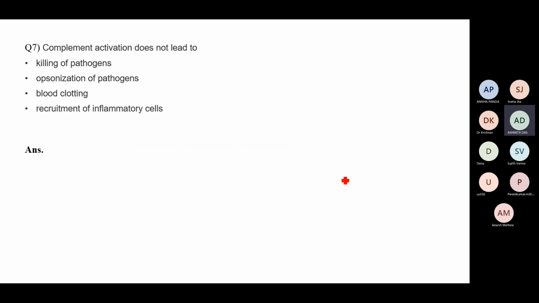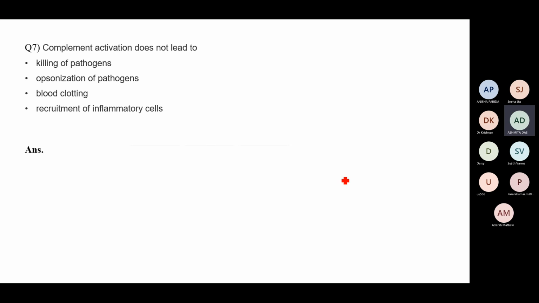Now moving to the next question. Complement activation does not lead to. It's a classic question from immunology.